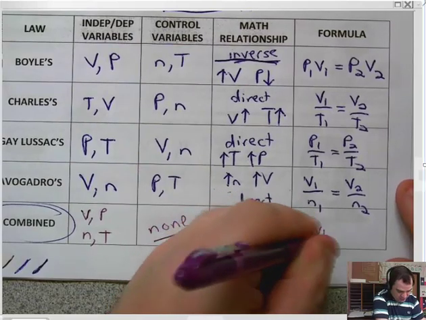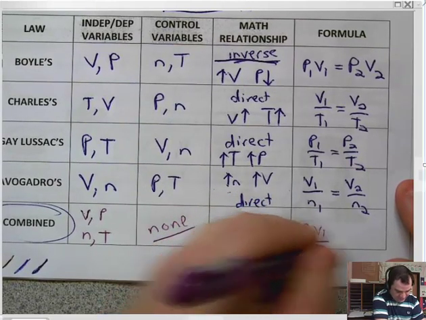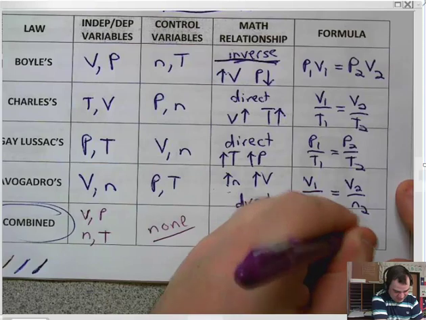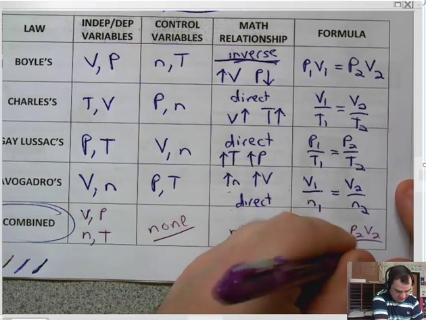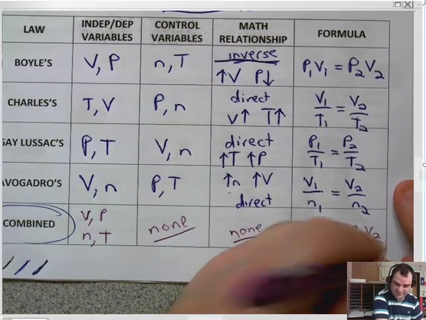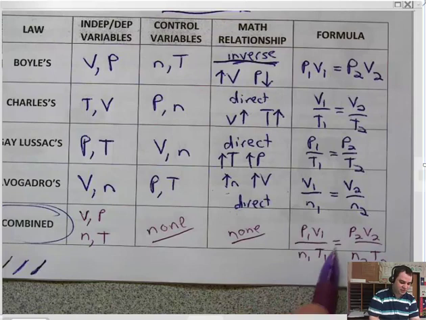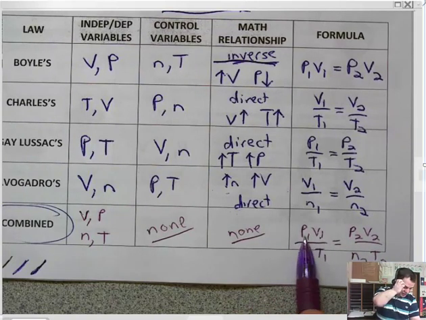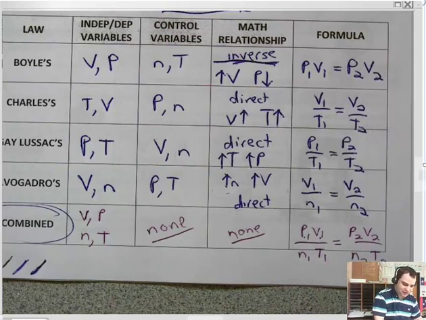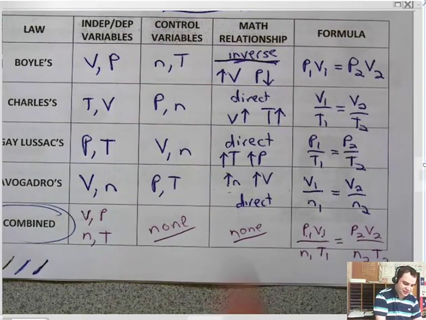P1 V1 over N1 T1 equals P2 V2 over N2 T2. Now most of the time N is constant here, so we always do P1 V1 over T1 equals P2 V2 over T2. Okay? The vice president sits on top of the table. That's how I remember the equation. Vice president sits on top of the table. Okay? So on and so on.